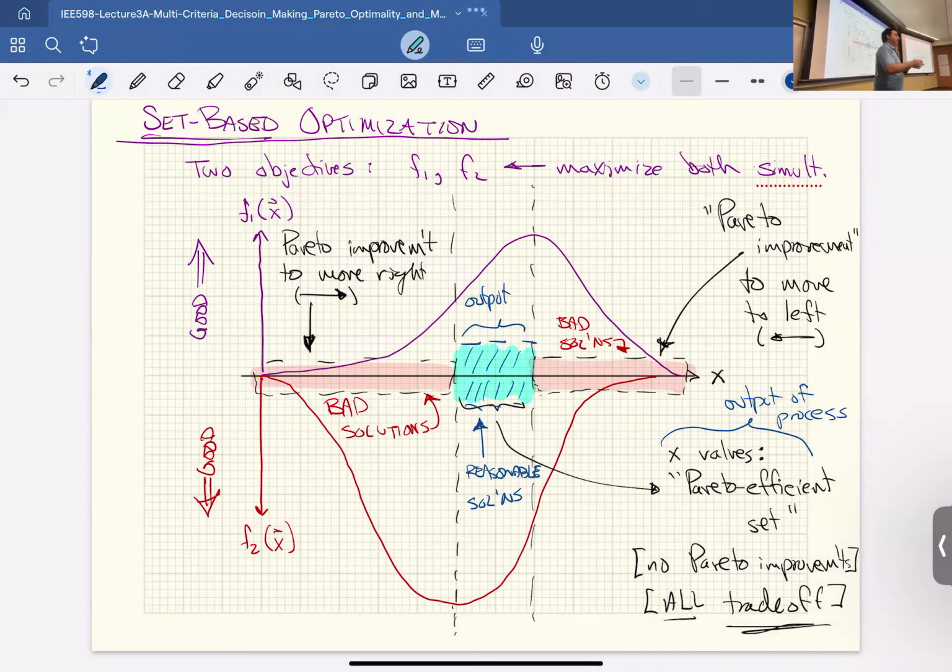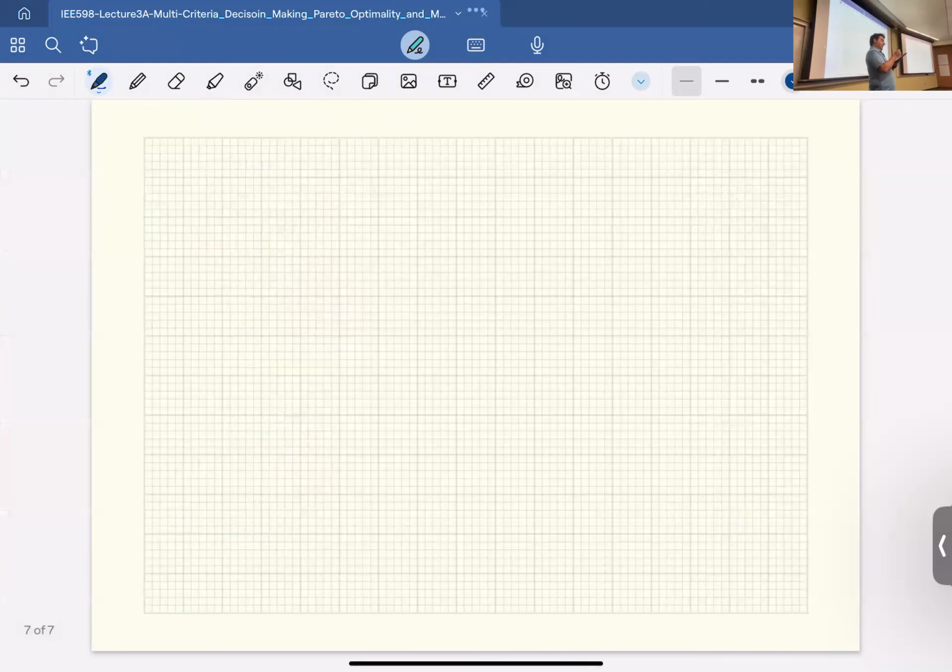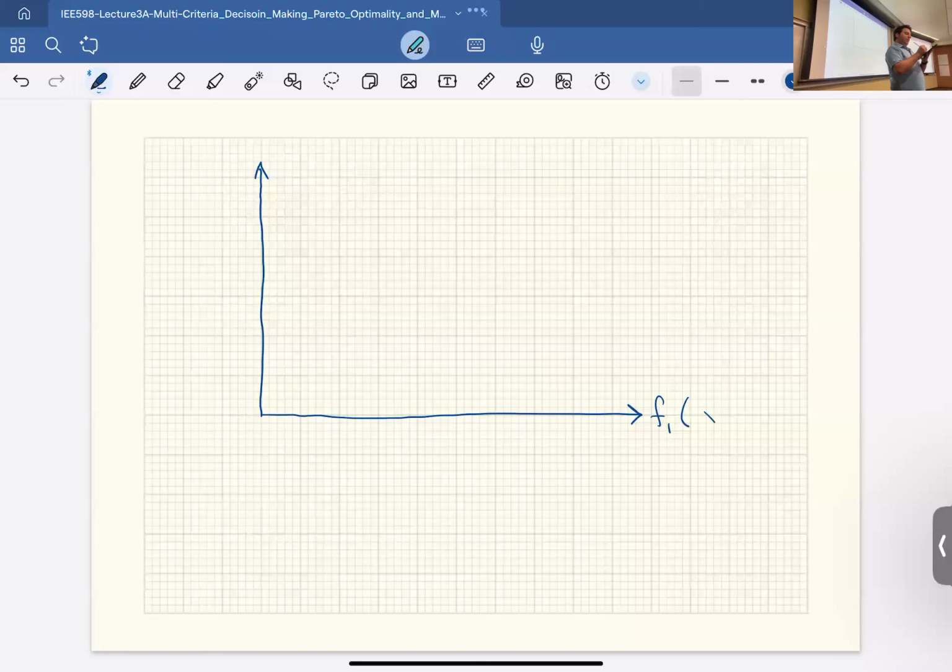So I'd like to plot here, before we close, the, normally when we plot these things, you don't plot the Pareto efficient set. You can, but you often don't. Instead, you plot the Pareto optimal set or Pareto frontier. So I'm going to plot effectively a parametric plot here, where I've got F1 and F2 up here. X could be a gazillion dimensions, but I'm only plotting the optimization objectives. And so this will give me a space of points.